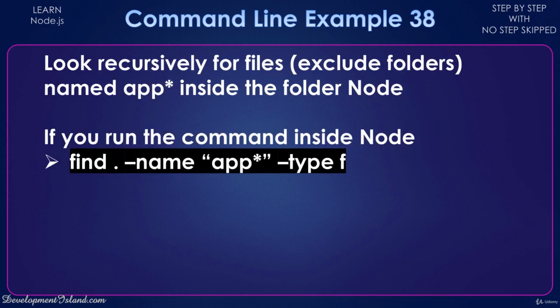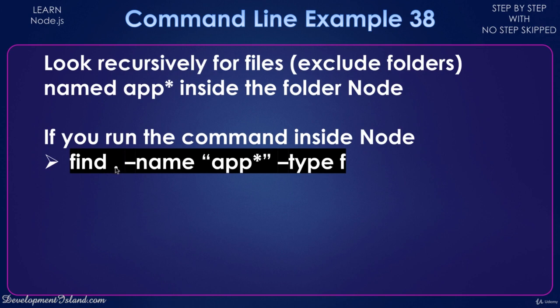Now we want to look recursively for files, only files, not folders, with a name matching a certain pattern inside our folder node. So we're going to use the find command. If you run the command inside the folder node, then the first parameter you need to pass to the command is the location.